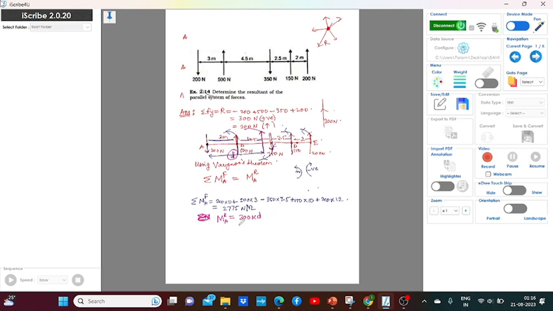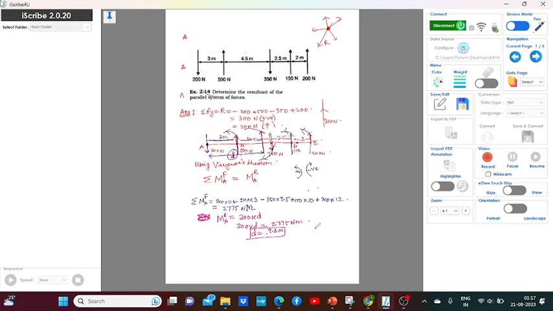So this can be written as 300 into d is equal to 2775 Newton meter, which gives d equal to 2775 divided by 300, which is 9.25. 9.25 meter is the value of my d. So at a distance of 9.25, the resultant will act.